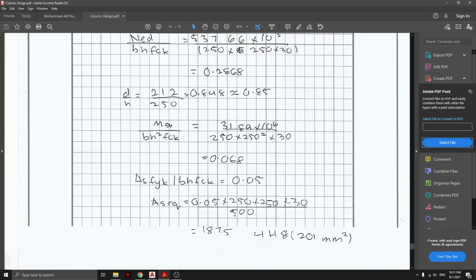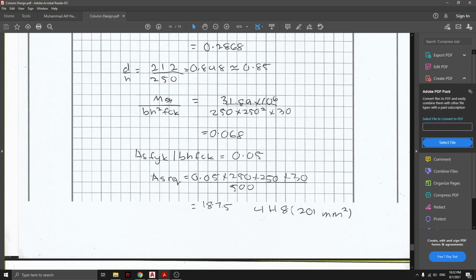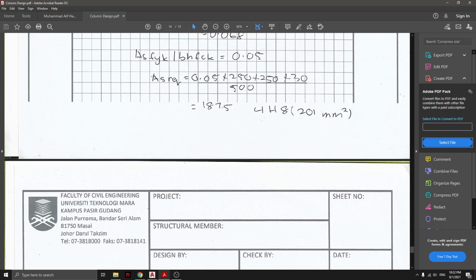From the table I got 0.05, so my AS required is 0.05 times 250 times 250 times 30 over 500. I got 187.5 millimeter square. So I use 4H8, 201 millimeter square for my AS provided.